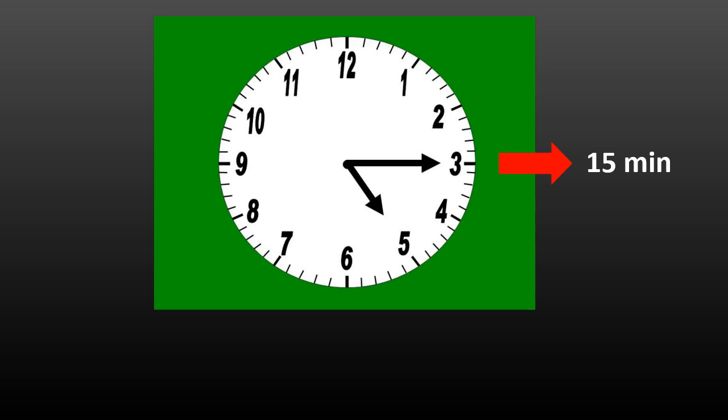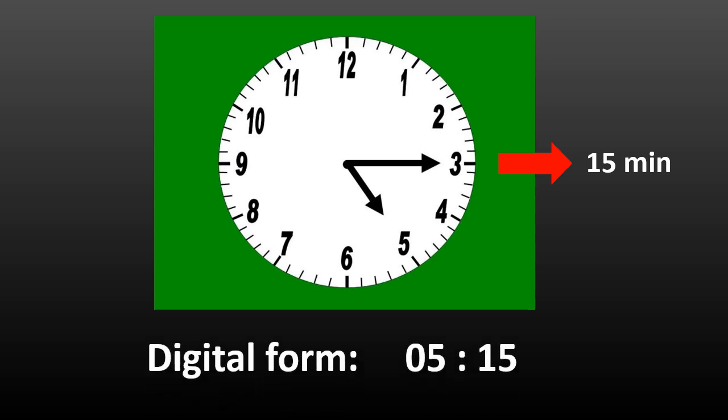Now, when the long arm is on the 3, we passed 15 minutes. From 12 to 3, as we count on, we find that it's 15 minutes. So where are we going to put the 15 minutes? We put the 15 on the right hand of the digital clock, which reads the minutes. So what about the left hand, which reads the hours? Now look at the short arm. It's on the 5. So we write the 5 on the left hand of the digital clock.